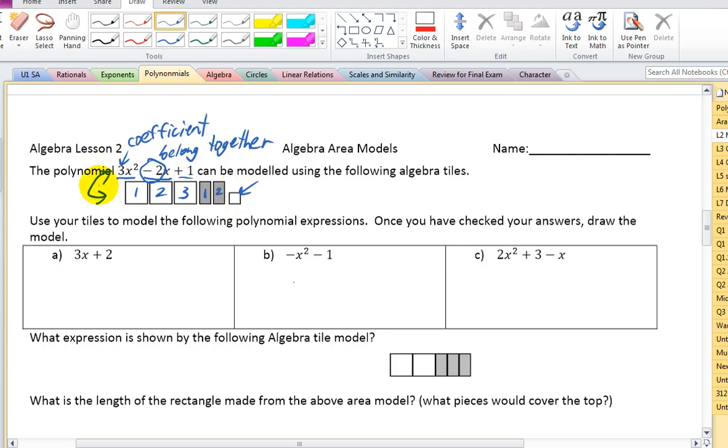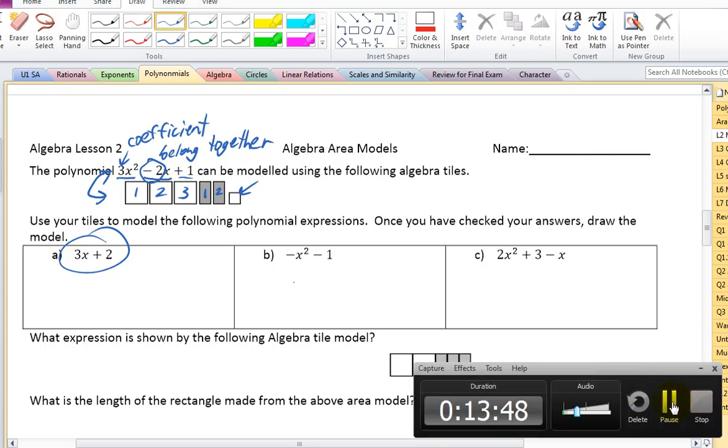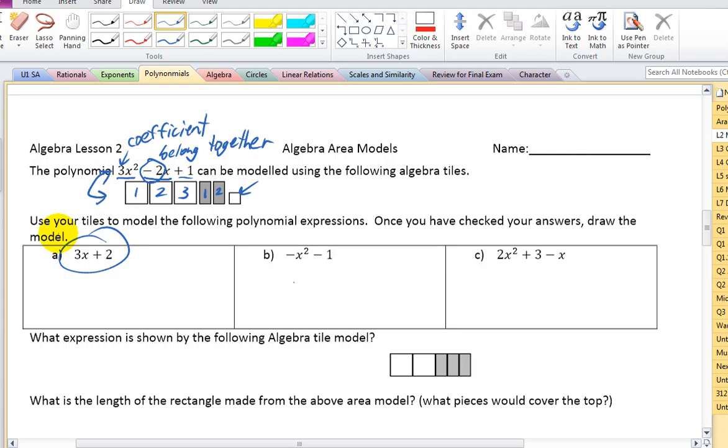So what I want you to do right now is, with your pieces, move them around and create that with your partner. Go ahead, 3x + 2. You can draw them any way you want. You can draw them so that they stick together.